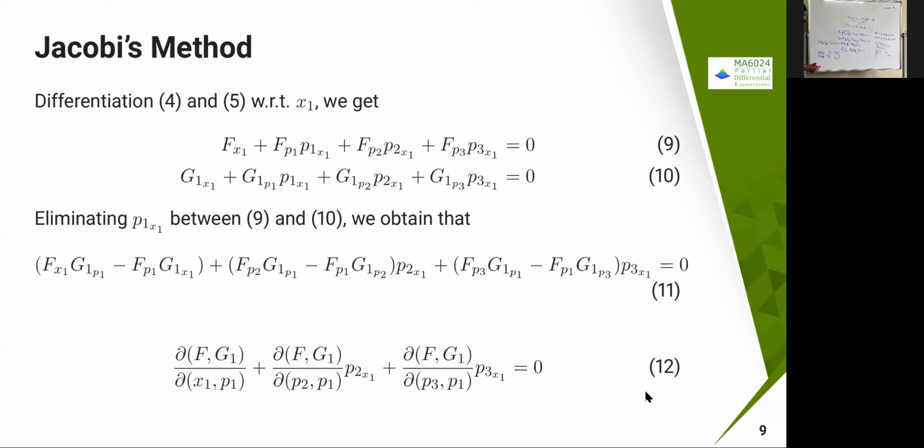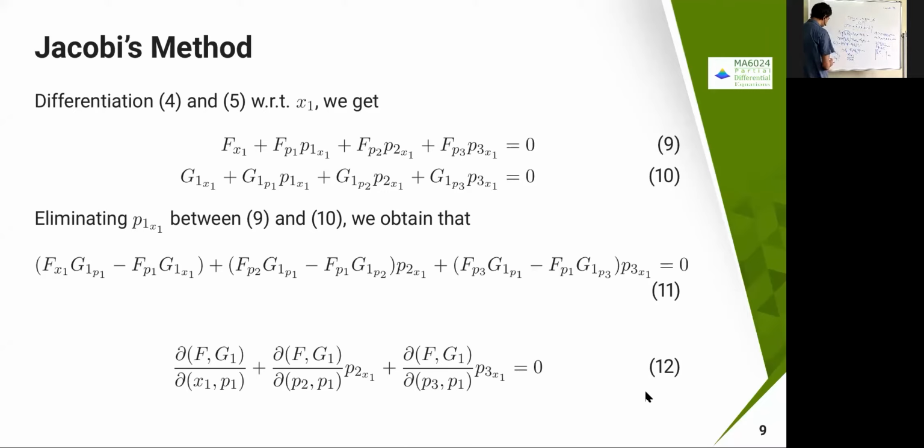In the same way, this one I can write as dou of f comma g divided by dou of p2 comma p1.